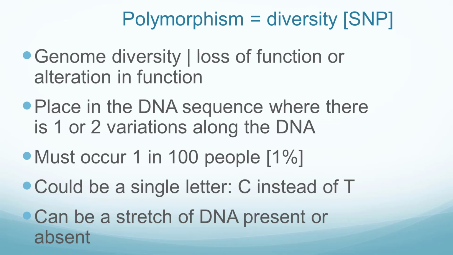It's where the DNA sequence has one or two variations, and it must occur in at least 1% of people to be repeatedly seen, to be referred to as a polymorphism. And you see examples here. It could simply be a C instead of a T, or a whole stretch of DNA that is present or absent.